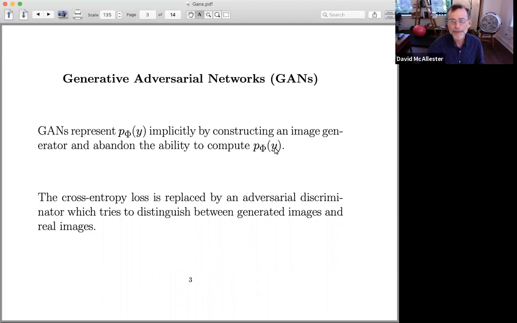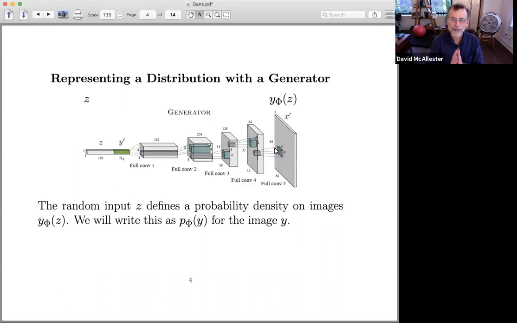So you have a discriminator that tries to distinguish between real images and generated images. But the first thing I want to do before I write down the GAN adversarial objective, I just want to talk about how we generate random images, what the generator architecture looks like.